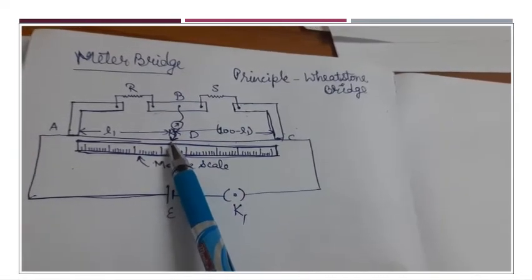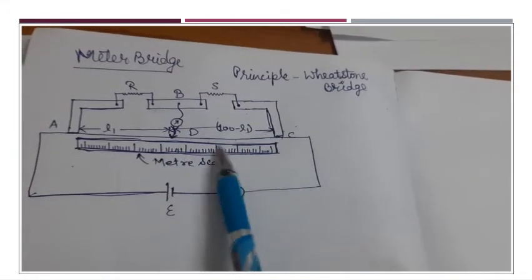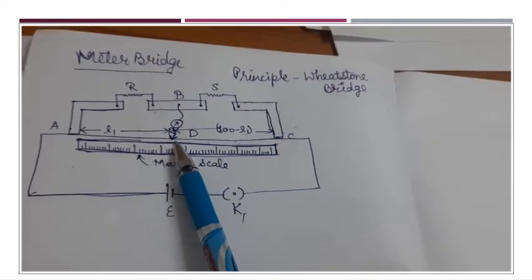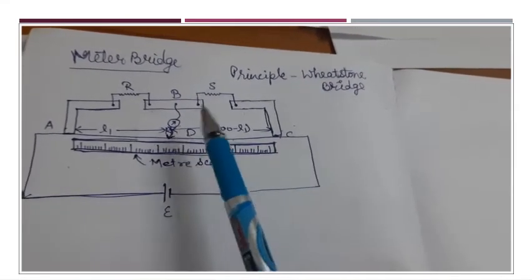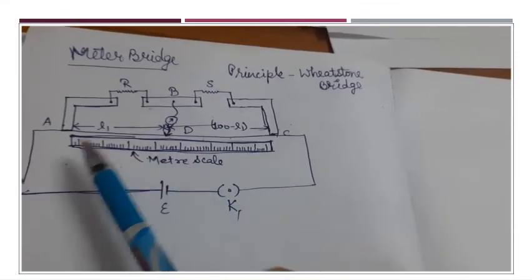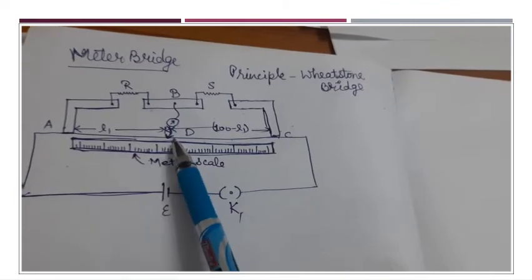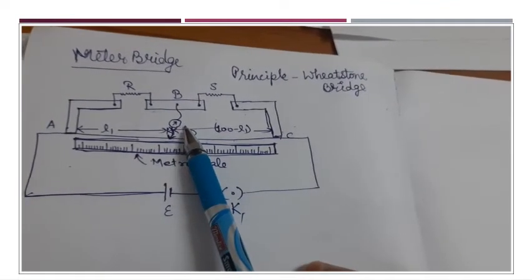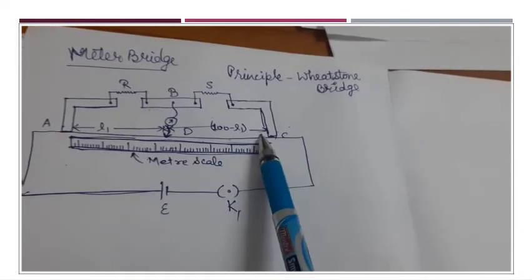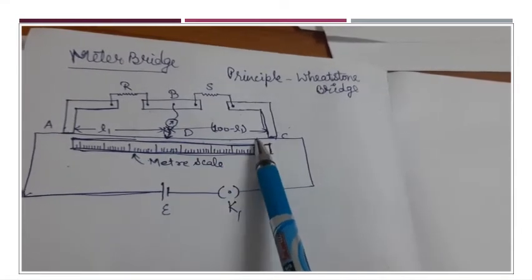So the jockey is moved in order to obtain a particular point where the galvanometer shows 0 deflection. Suppose that point is D, then the length AD corresponding to this balance condition is L1. Then the remaining length will be 100 minus L1, because it is a 100 centimeter wire.